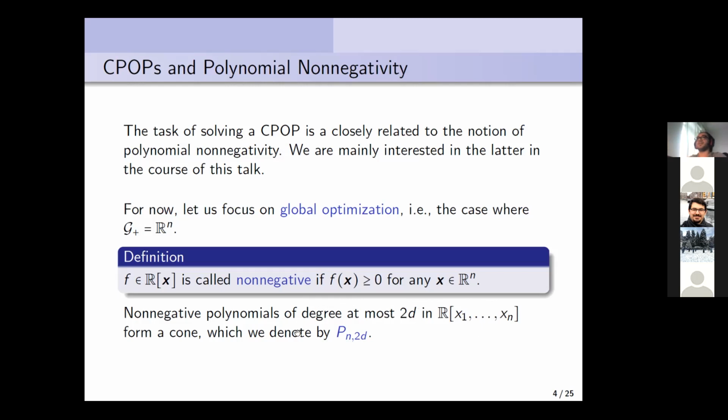So this tells you that non-negative polynomials form a cone in an n plus 1 choose d dimensional space.